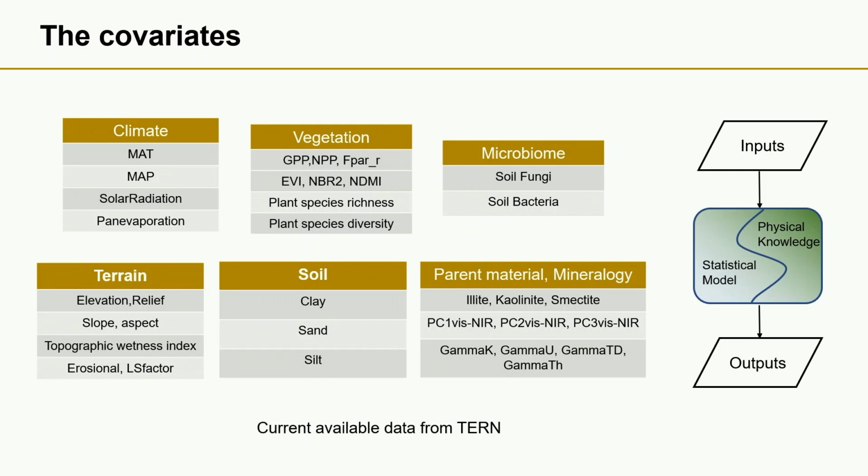A comprehensive set of environmental variables serves as proxies for 6 factors: climate, vegetation, microbiome, terrain, soil, and parent material. These are the current best available data from TERN. And then we used a statistical model and physical knowledge to analyze this data.